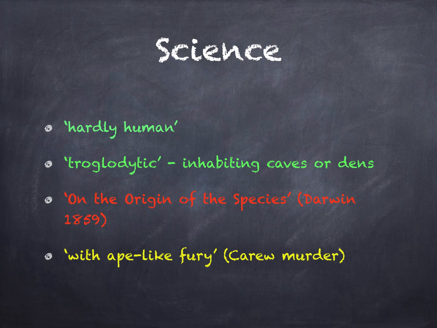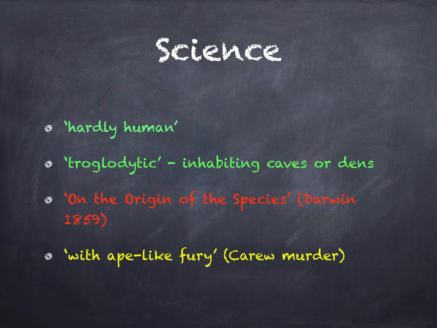But Darwin wrote and explored this idea, and in particular he published a book called On the Origin of the Species, which suggested that man had evolved throughout many millions of years into the full intellectual, spiritual, moral, upright being that he was in the Victorian era.